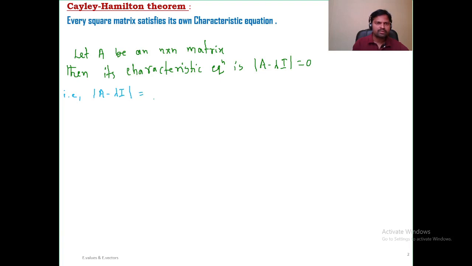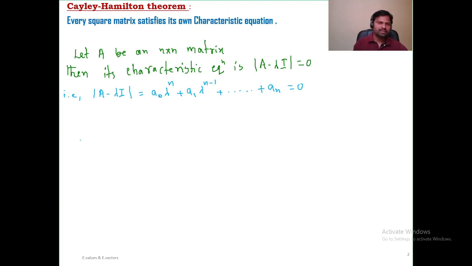The general form is some constant a0 into lambda raised n, because A is of order n by n, therefore I will get an nth degree characteristic equation. A0 lambda power n plus some constant a1 into lambda raised n minus 1, plus and so on, up to the last one, some an. This is equivalent to 0. This is the general form of the characteristic equation.